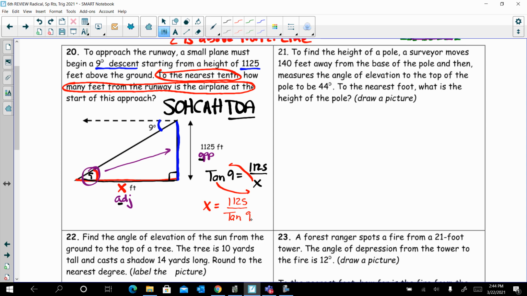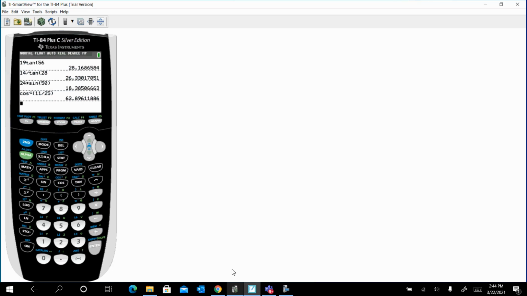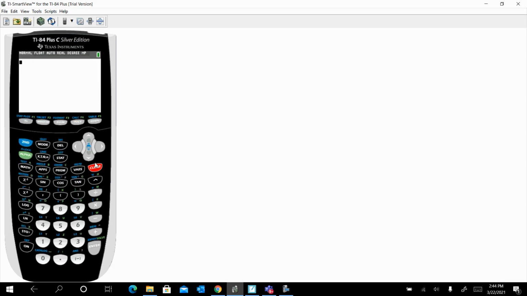And so this is your calculator-ready information. You go to your calculator and type in 1125 divided by the tangent of 9 degrees. You can close the parentheses or not. You hit enter, and we get this large decimal.